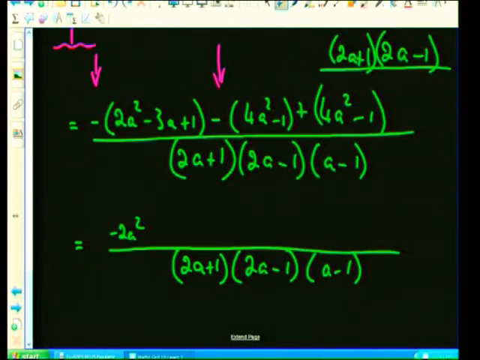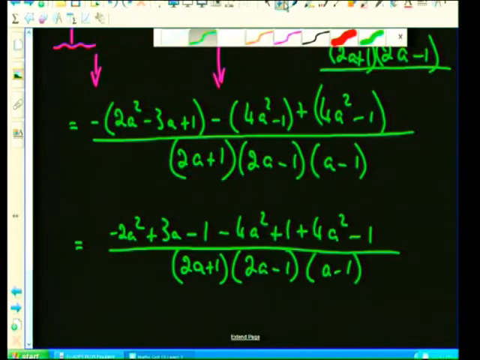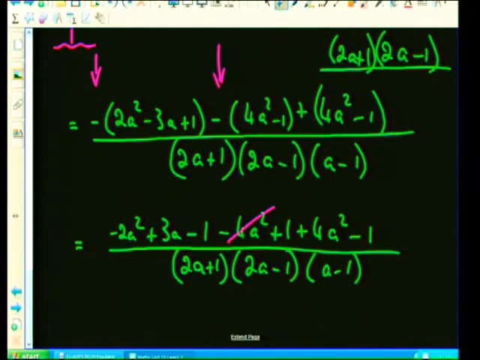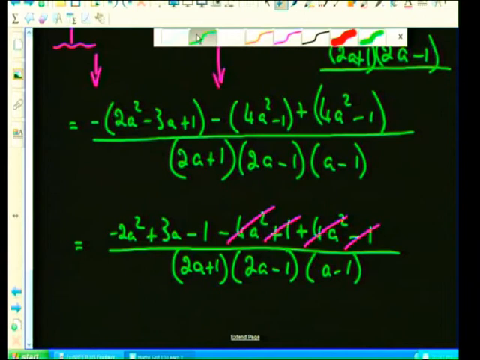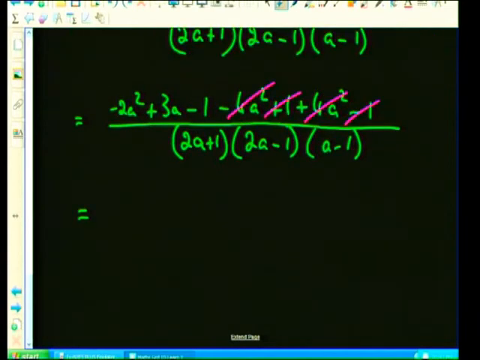Minus 2a squared plus 3a minus 1 minus 4a squared plus 1 plus 4a squared minus 1. Well, the 4a squared and the 4a squared can disappear. The plus 1 and the minus 1 can disappear. And what is my final answer going to land up being?